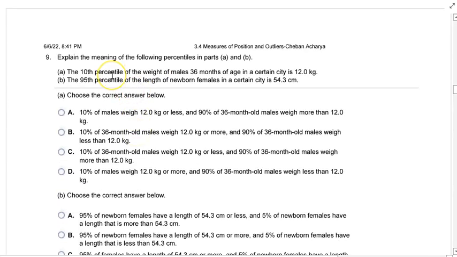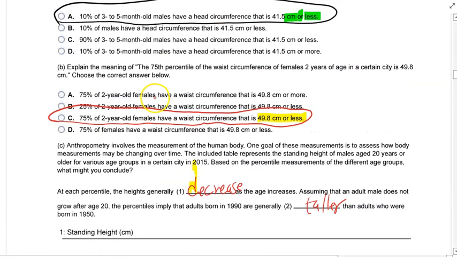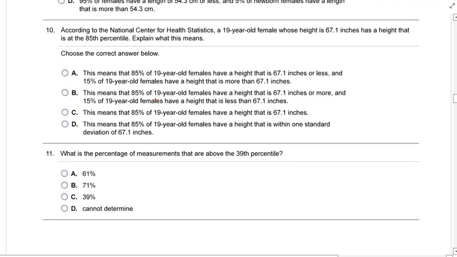Okay. Question number 9 is similar to question number 8. Therefore, I think you can finish it yourself.